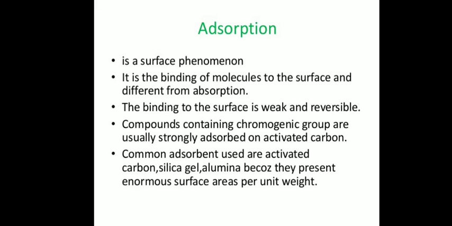Common adsorbents used are activated carbon, silica gel, and alumina, because they present an enormous surface area per unit weight. As the surface area present on silica gel, activated carbon and alumina is large, the particles get more space to be adsorbed. So generally these common adsorbents are used.